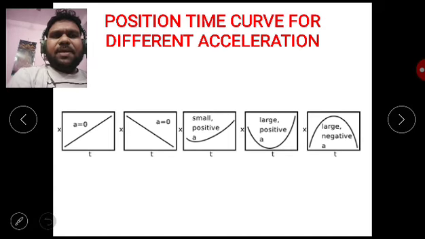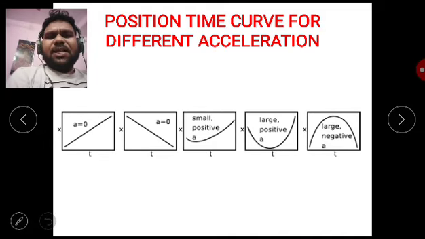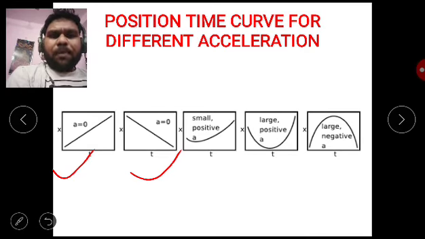Now we will study the position-time curve for different accelerations: acceleration zero, acceleration positive, and acceleration negative. When acceleration is 0, we have two cases: uniform positive velocity and uniform negative velocity.